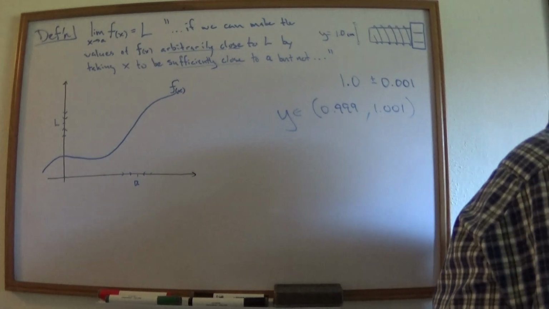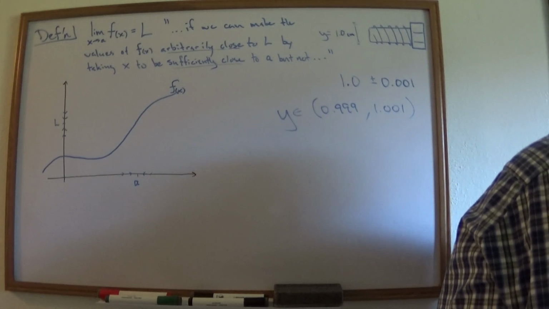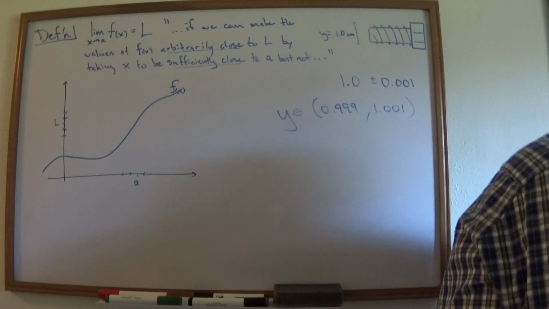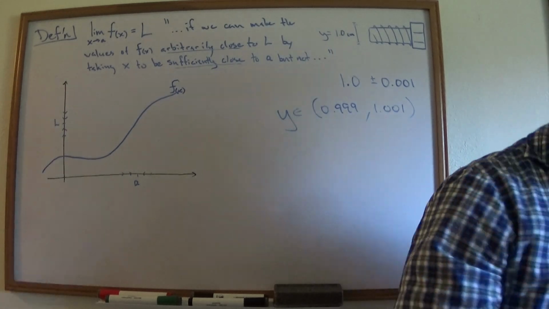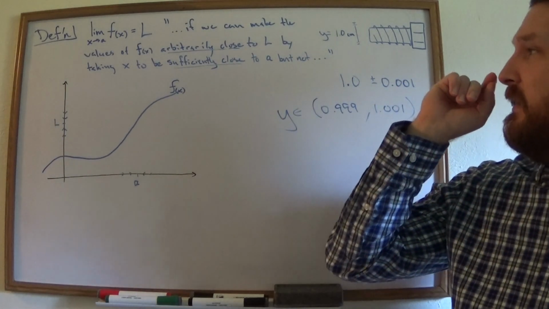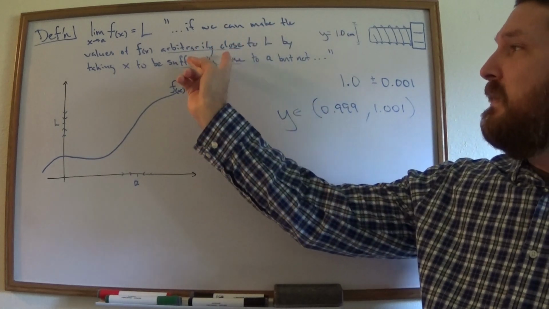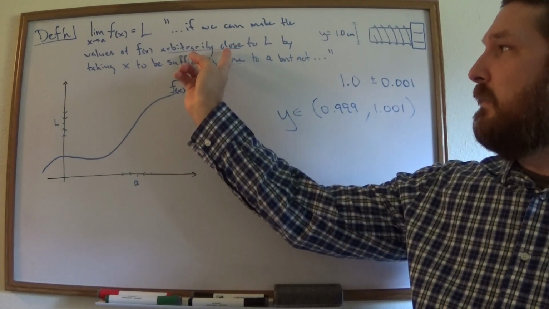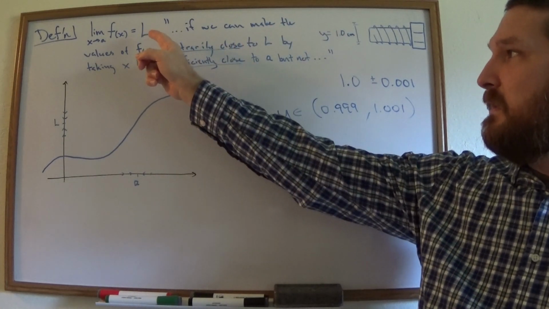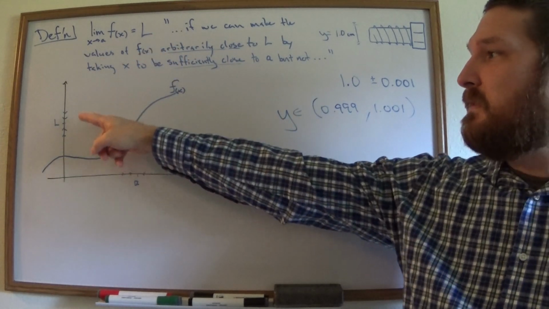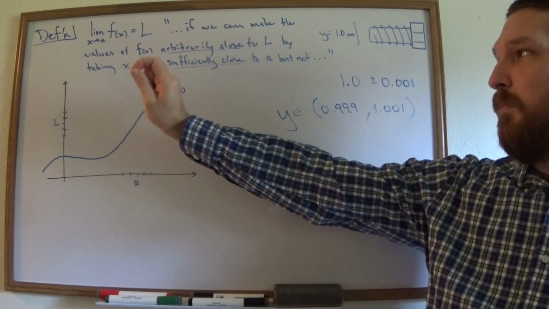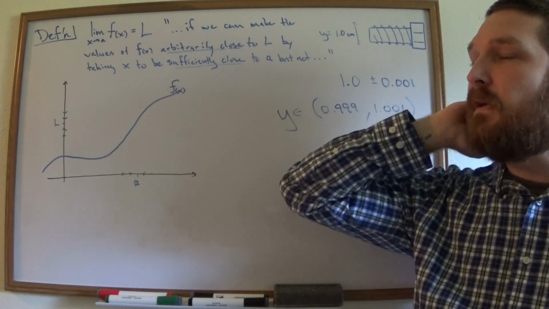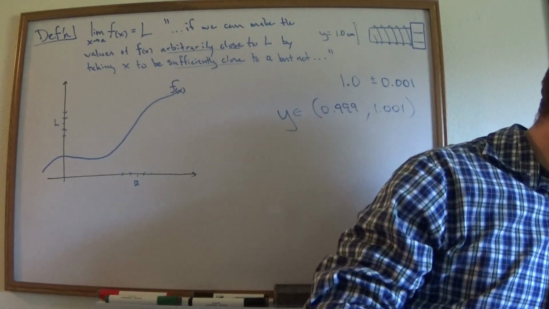Now, if a limit exists, then what this means, so this arbitrarily close here, is what we're saying is that if this limit exists, then this tolerance can be made arbitrarily small. Okay, so hang on to that idea for a second.